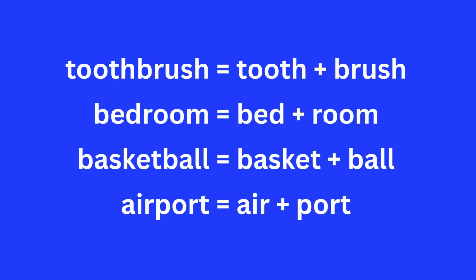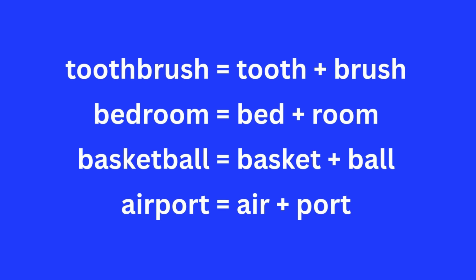Once you can recognize smaller words inside a larger word, spelling becomes easier and pronunciation becomes clearer. For example, toothbrush: tooth, brush. Bedroom: bed, room. Basketball: basket, ball.